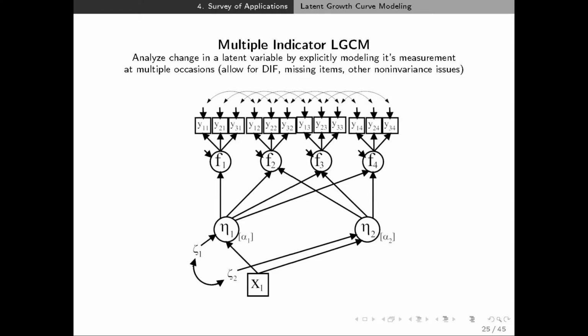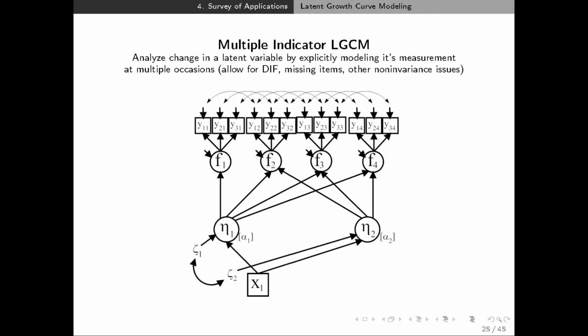Here's the multiple indicator latent growth curve model. So now the outcome that's changing over time isn't one observation. It's not one cognitive test score. It's a latent variable, a factor that's measured by 3 different cognitive tests at time 1, the same 3 cognitive tests at time 2, same 3 at time 3, same 3 at time 4.